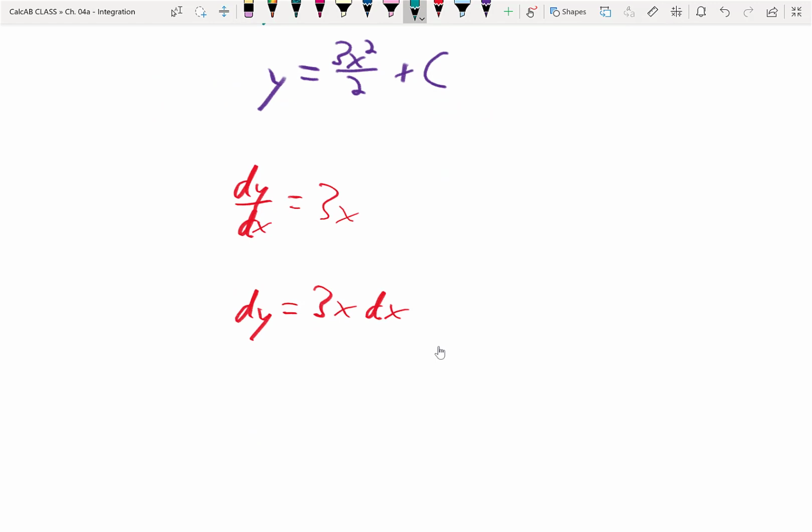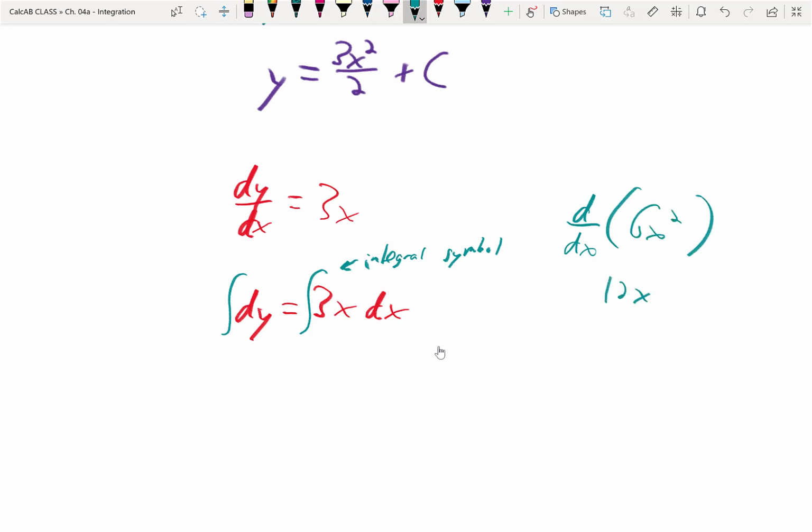But we're going to do something a little bit different here. I'm going to insert a symbol that you may or may not have seen before. This symbol is the integral symbol. And what it means is do something. It's the opposite of this operation, which means take a derivative with respect to x. d dx of 6x squared is 12x.